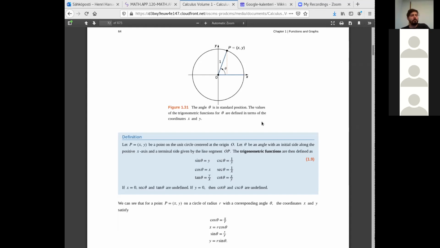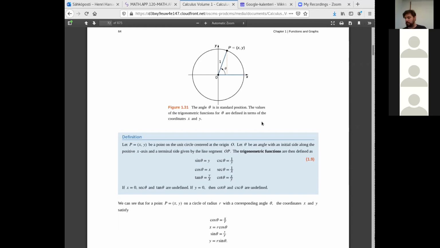For those familiar with how they are defined in triangles, let's consider the sinus in a right triangle. A right triangle is a triangle where one of the angles is 90 degrees.